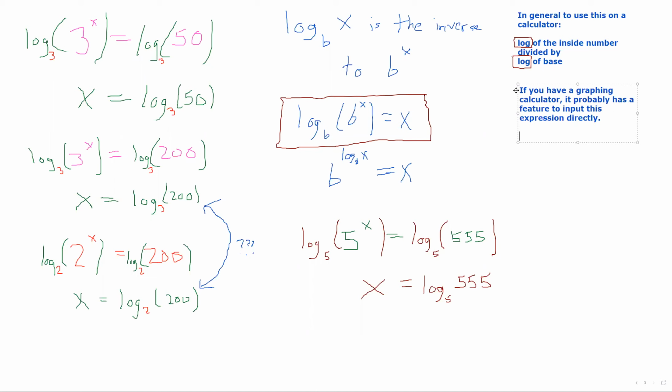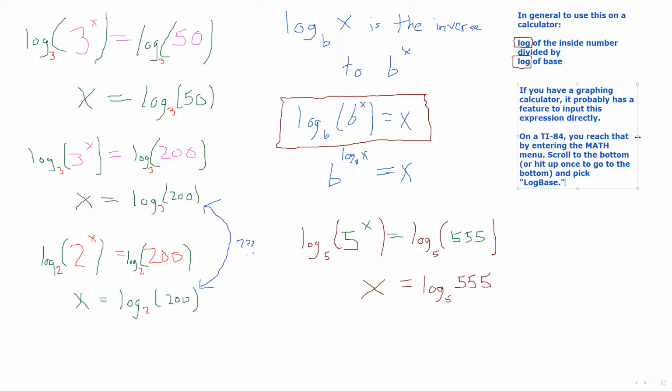In particular, on a TI-84, which is what, in my experience, most students in this area are using, you reach that by entering the math menu. The math menu is down the left side, right under the second and alpha buttons. You're going to scroll to the bottom, or hit up once to go to the bottom, and pick log base.